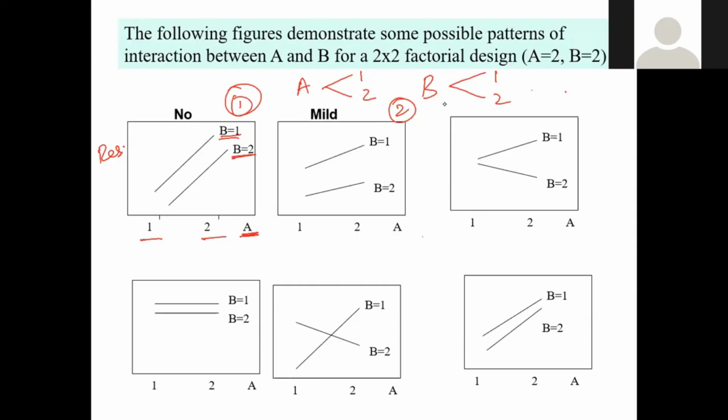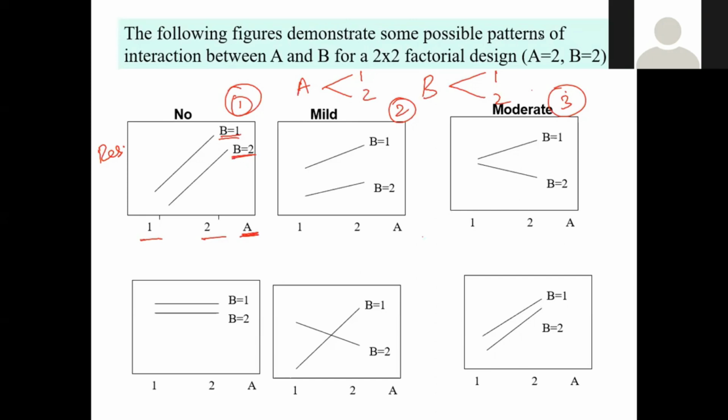What about case number 3? It has some level of interaction, which we call moderate interaction. What about the 4th one?